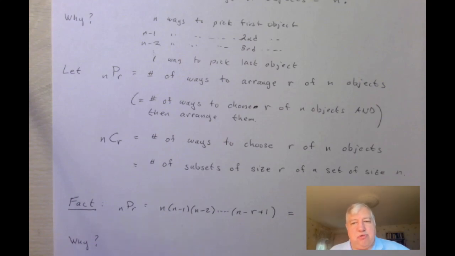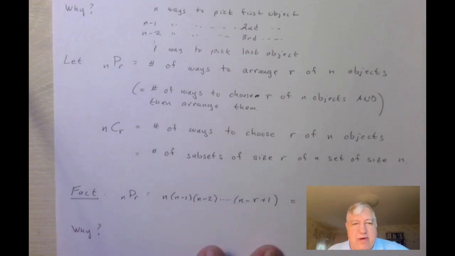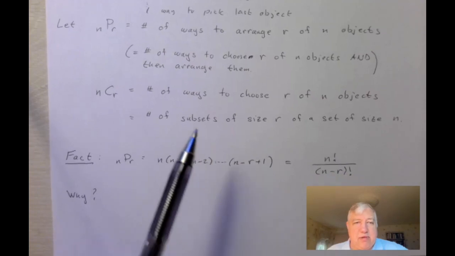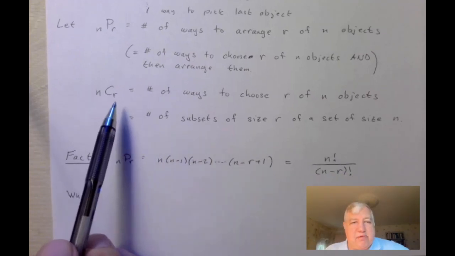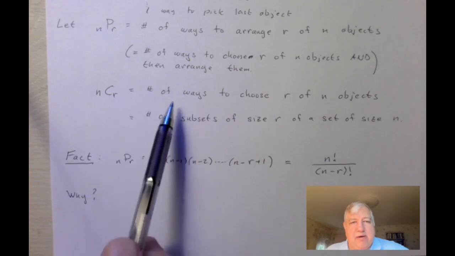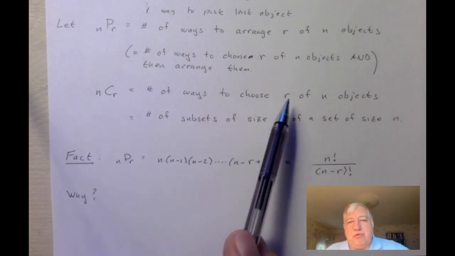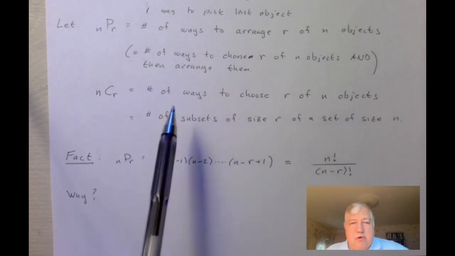Now, if we're just choosing objects and not arranging them, we have another number. We use nCr to denote that. So nCr is the number of ways to choose r of n objects.